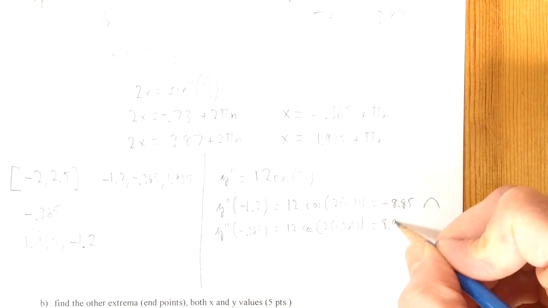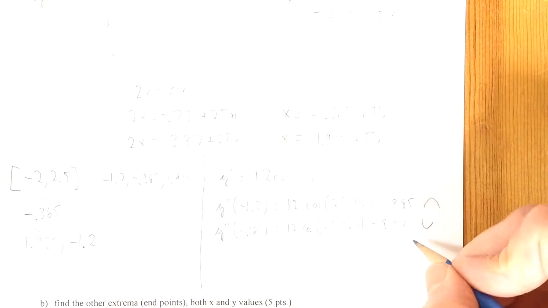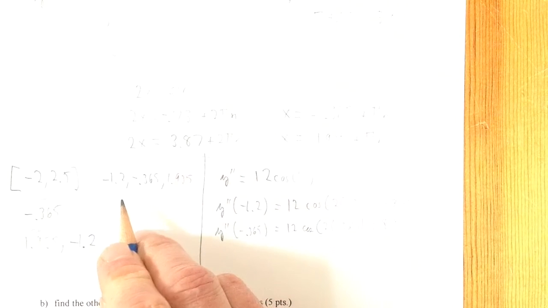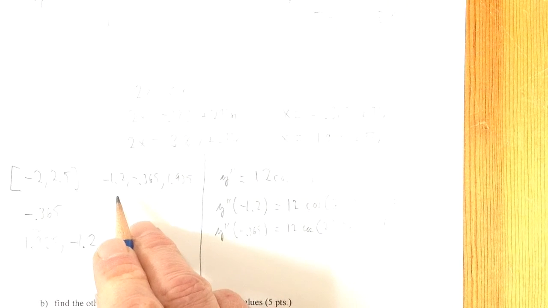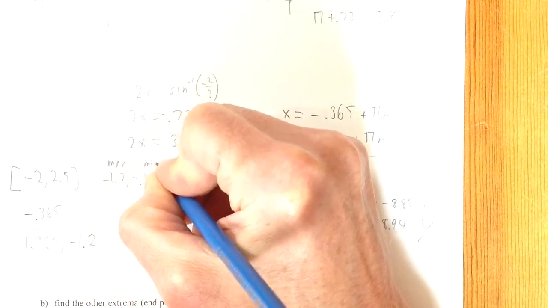Sure enough, it's positive, so that's a minimum. If we did that for 1.935, we'd probably get a maximum. So I'm going to write over here that the first one is a max, this is a min, and this is a max.